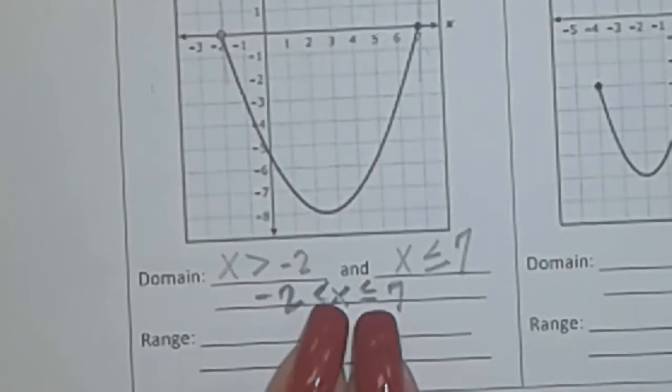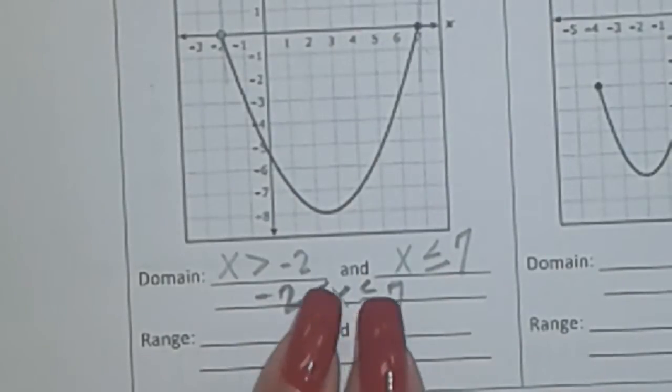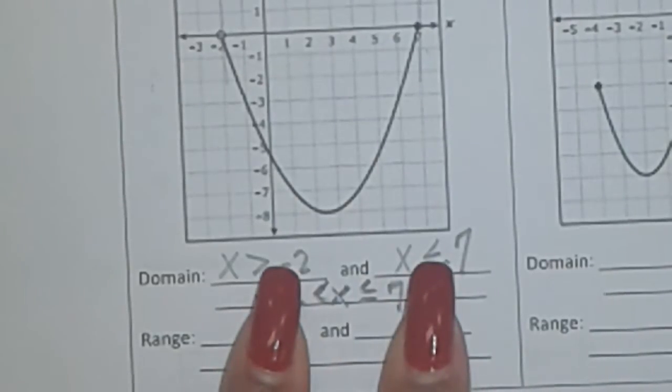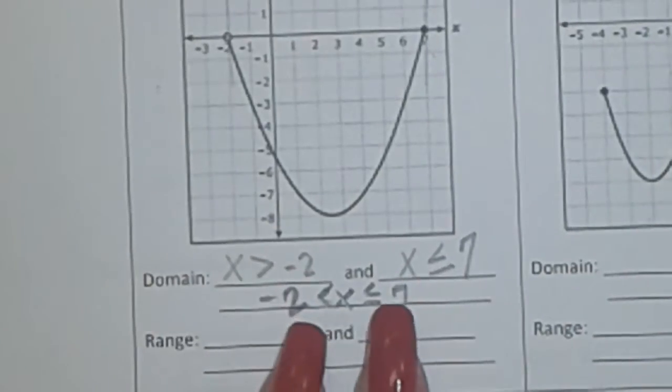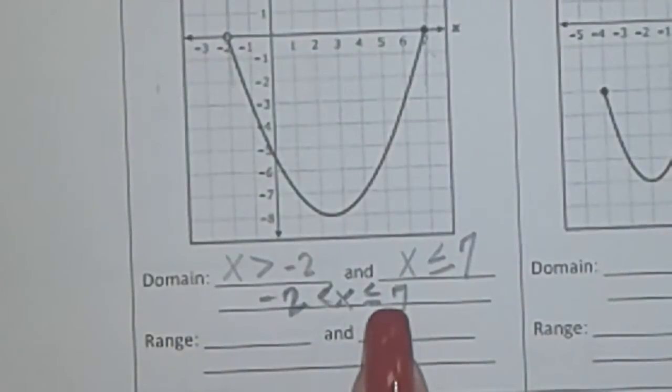But that is called a compound inequality because it came from 2 inequalities put into 1. And so you had 2 answers, and that's why we write it this way. I just don't want to confuse you because I know a lot of us just touched on it and didn't really get to go into detail.